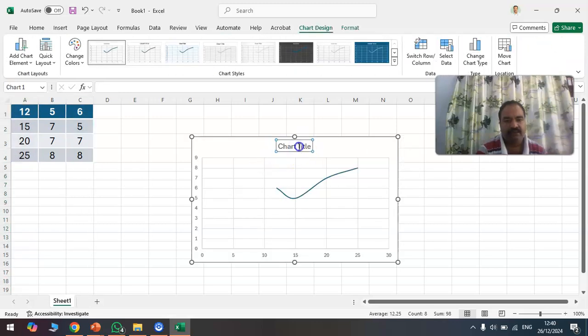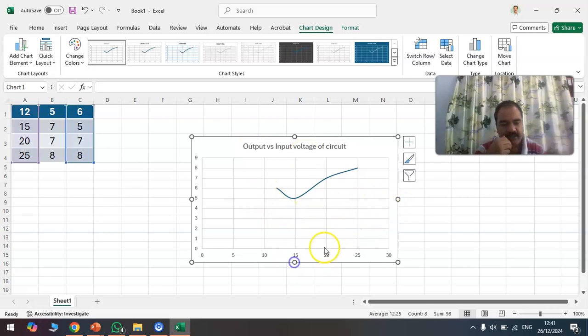And here in the chart title, I'll mention this is output versus input voltage of the circuit which I have developed. Okay, and here x-axis and y-axis, you can add these things here.